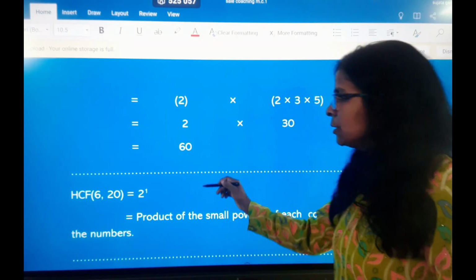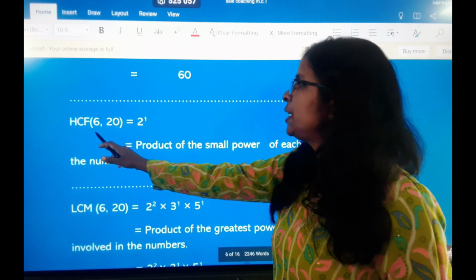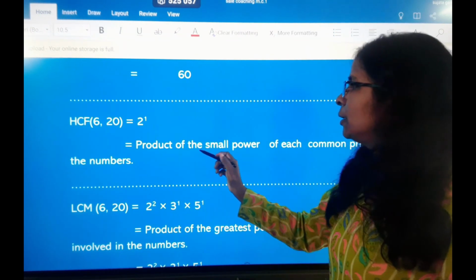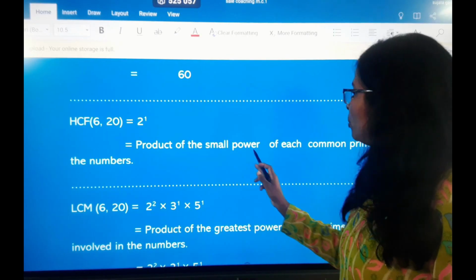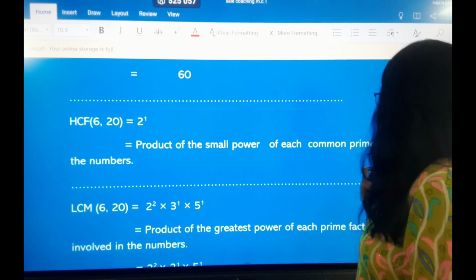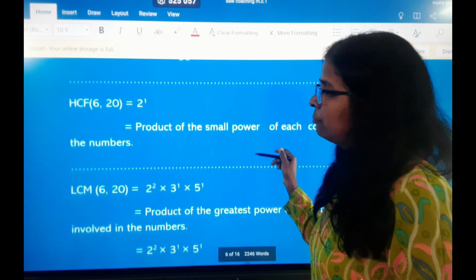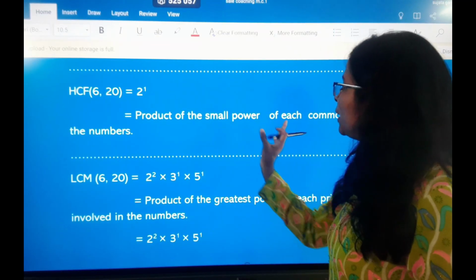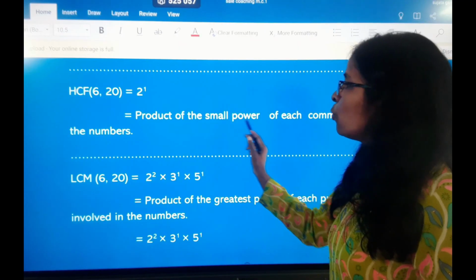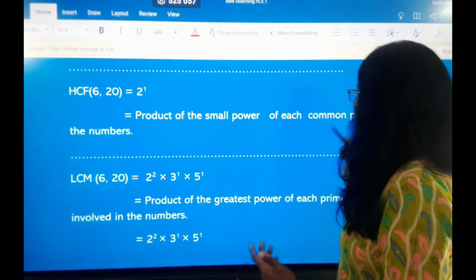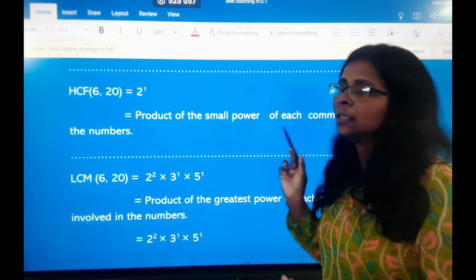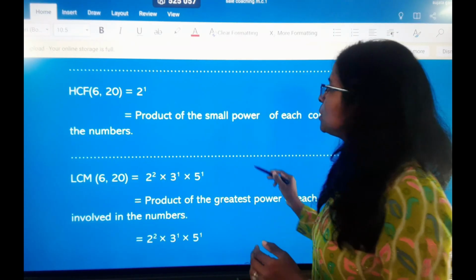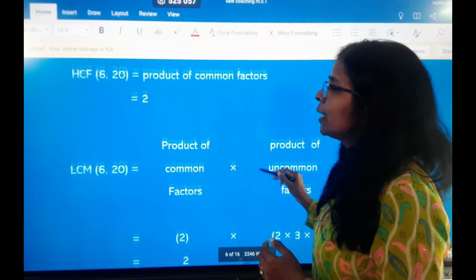The formula for the HCF of 6 and 20 will be product of the smallest power of each common prime factor in the numbers. आता याचा फॉर्म्युला आहे प्रॉडक्ट. तुम्हाला स्मॉल पॉवर जी दिसते ना, तर हा जो कॉमन प्राइम आहे, तर त्याचा जो स्मॉलेस्ट पॉवर असेल तर ती आपल्याला कन्सिडर करायची आहे.